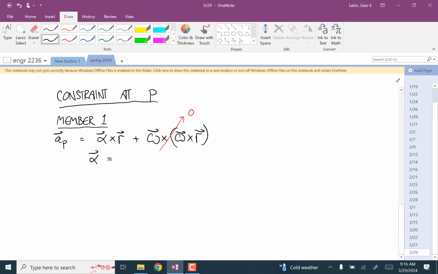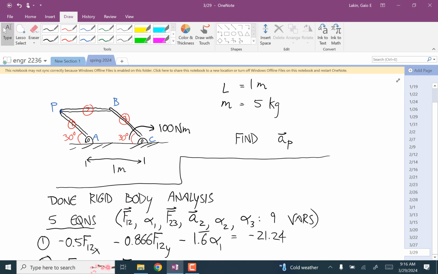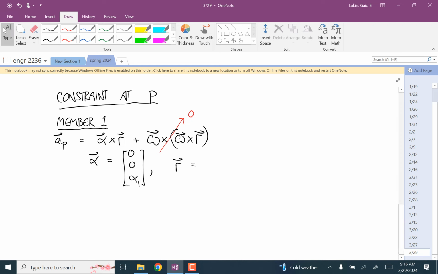This alpha vector is 0, 0, alpha 1. And that R vector, remember, is the vector from the center of the circular or spherical motion to the point that you want. So this is the vector from A to P, which is negative 0.866, positive 0.5.